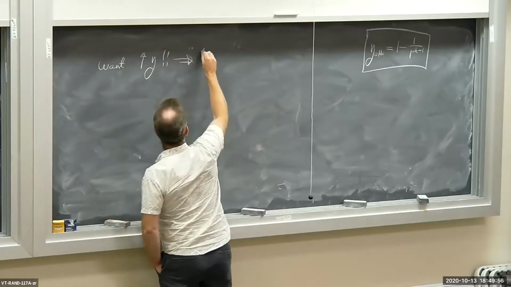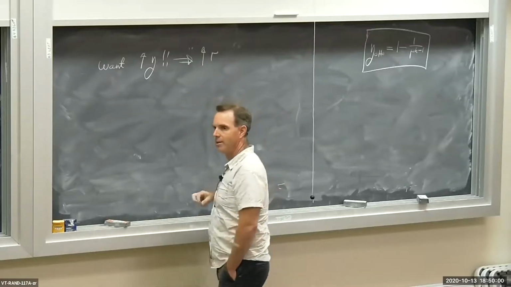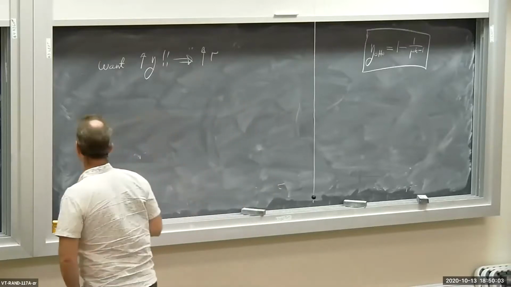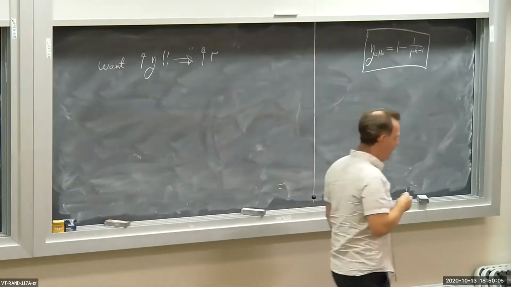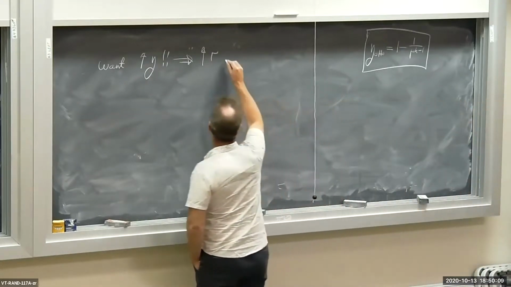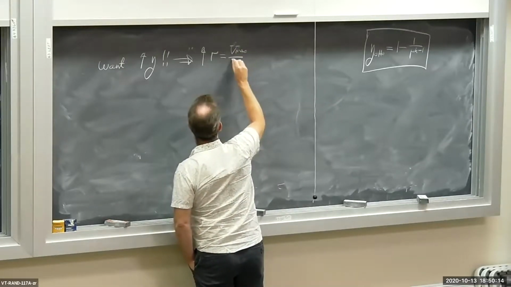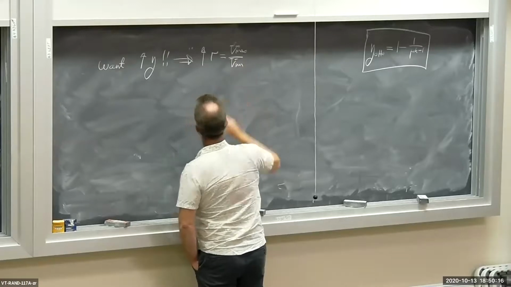So you want to increase the compression ratio, or if you like, maximize the difference between Vmin and Vmax. You want to increase the compression ratio, which is the ratio Vmax over Vmin.